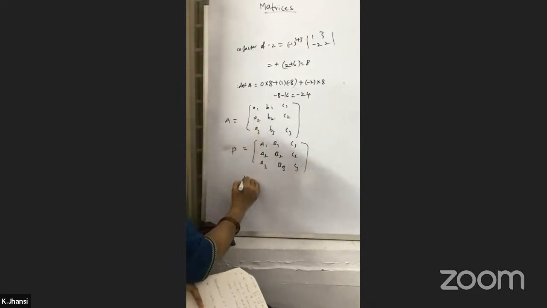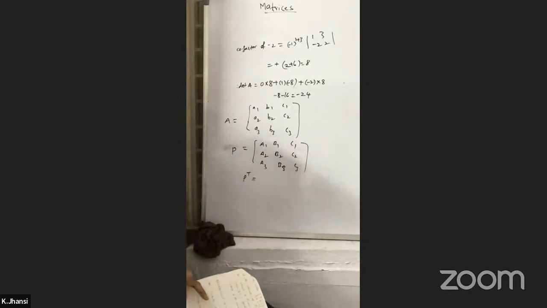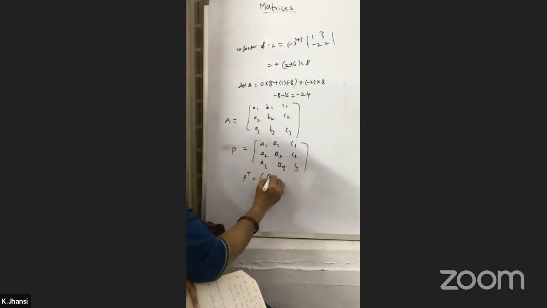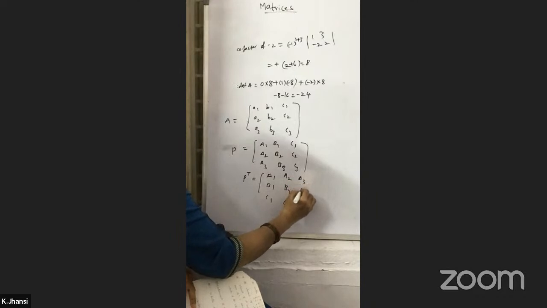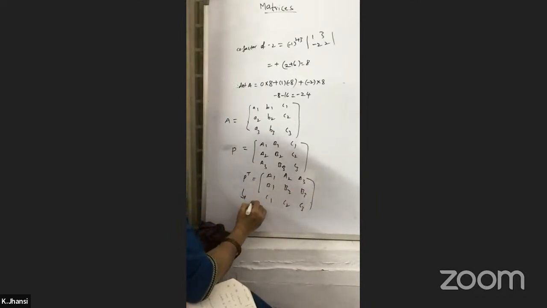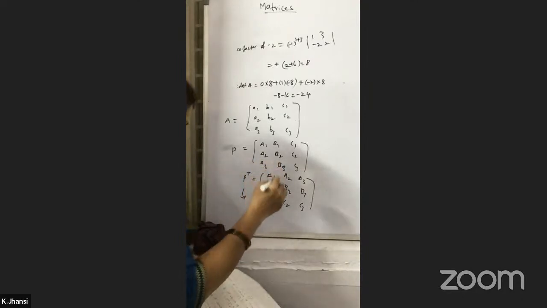If you take the transpose of P, that means A1, B1, C1, A2, B2, C2, and here A3, B3, C3, this is called the adjoint of the matrix.